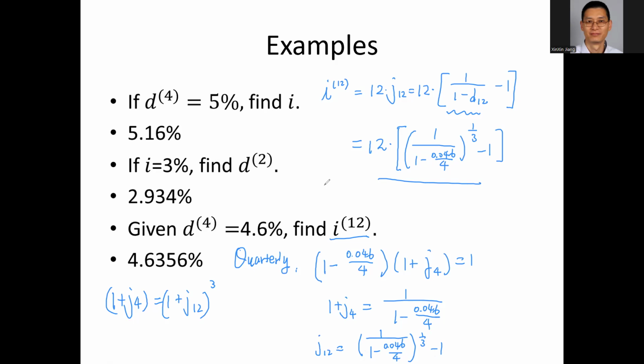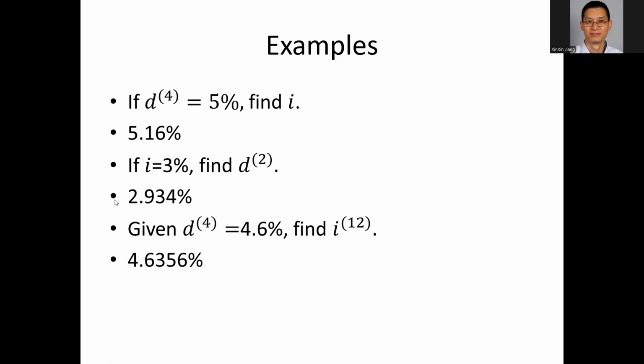Okay. So let's see, how can I make the situation clearer by drawing a graph? The graph seems to be very complicated, but I hope you understand it. So you have a J sub m, the effective rate per time period. And you have a relation like 1 plus j sub m times 1 minus d sub m. They're all effective. So this is the effective discount rate, d sub m. You have this relation.